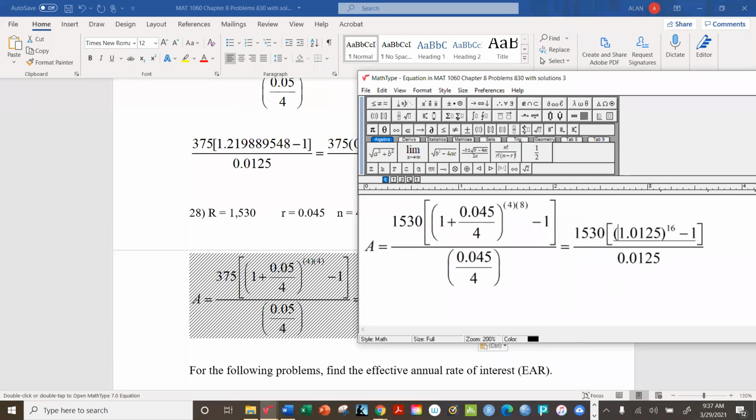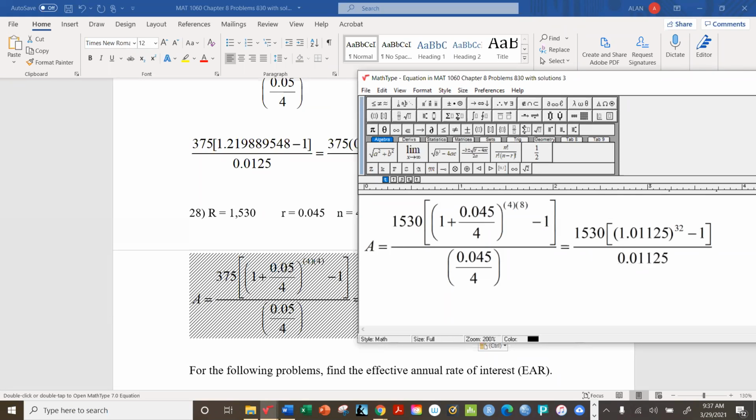Okay. 1.01125 is raised to the 32nd power, and that's divided by 0.01125.